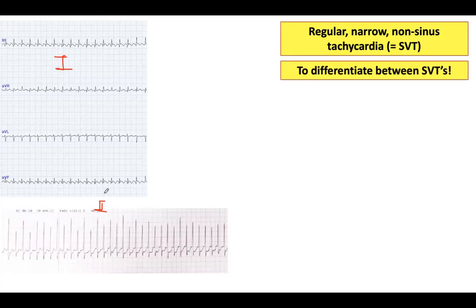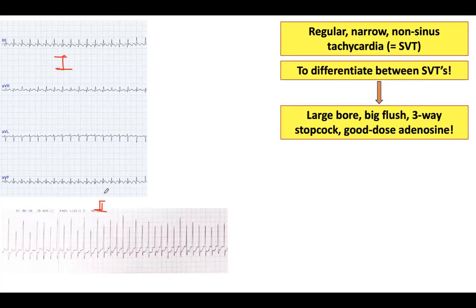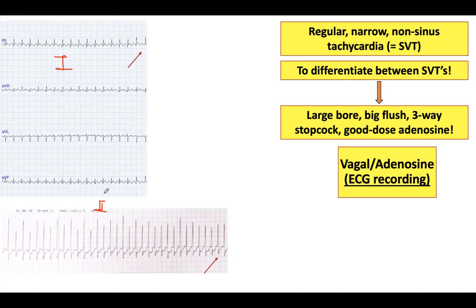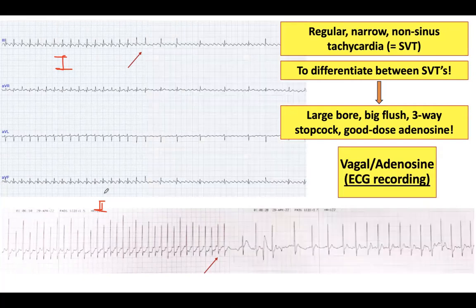So you want to give adenosine, like you guys said, obviously with a big flush, good dose, and you want to record the response to adenosine. Okay, so here we gave adenosine at this moment, and we recorded the ECGs, and then bingo, you have your diagnosis. So what do you guys think of the reason for SVT in this patient?